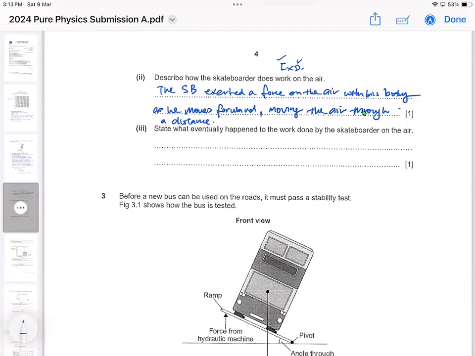So eventually what happens to the work done by the water in this case? Because the water, as it moves, the energy eventually will be converted to another form.